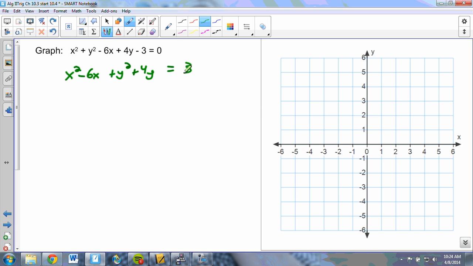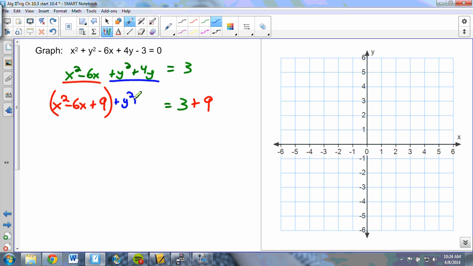And I'm going to complete the square twice. I'm going to complete the square with these two. I'm going to complete the square with these two. Whatever I add to one side, I add to the other.